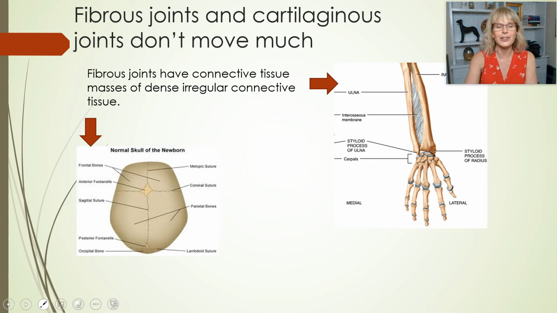And the reason is because these joints will move when babies are being born. And that's why they put those cute little hats on babies, to keep people from freaking out about their heads. Also, the connection between the radius and the ulna, between the tibia and the fibula, those are also fibrous joints.